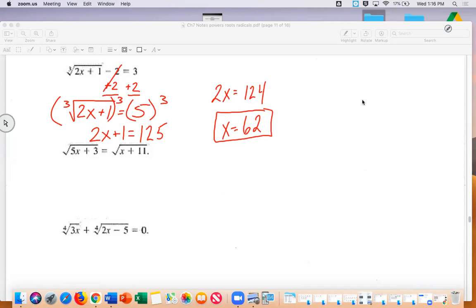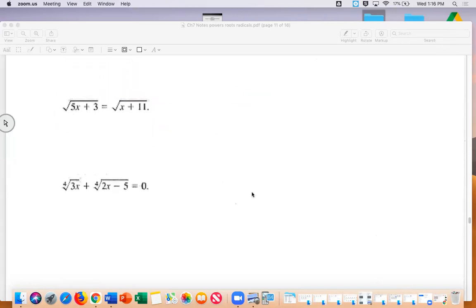Sarah, you good? All right. Sarah, in this fourth problem, how would I undo those square roots? I would square them. All right. So notice, I'm not trying to get the variables by themselves. I'm trying to get the square roots by themselves. So I go ahead and square both sides.